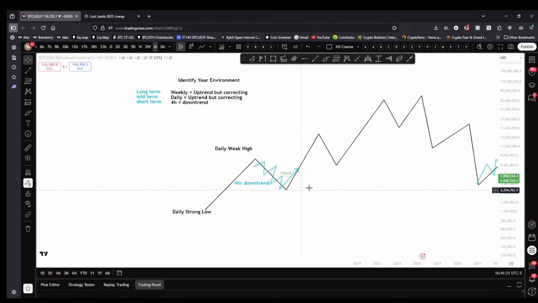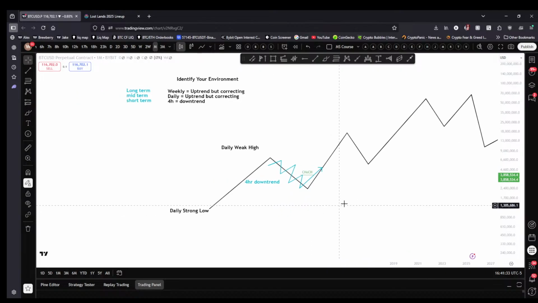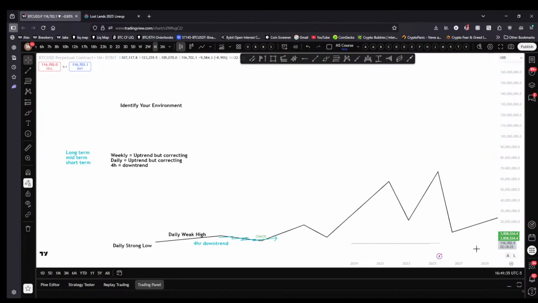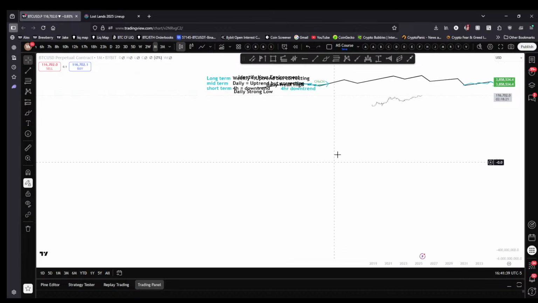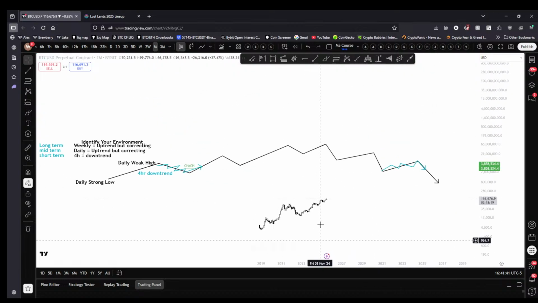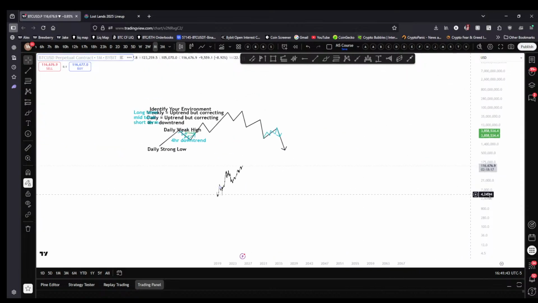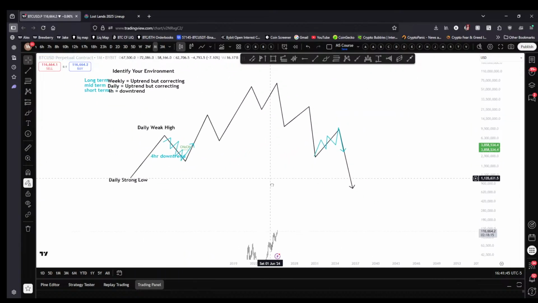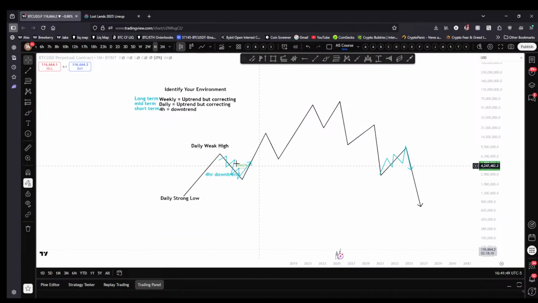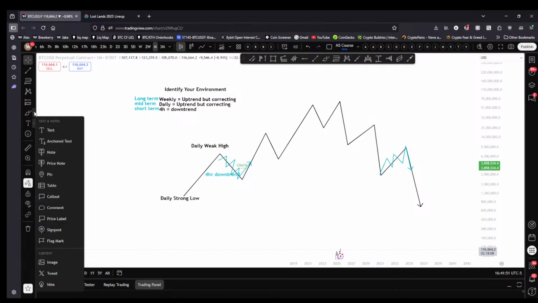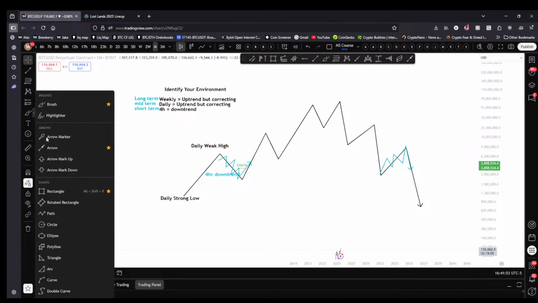But in practice, it's going to be a lot smaller than that. My bad, oh, it's because I'm on log. Oh, wow. Yeah. Okay, but you get the point. It increases your risk to reward, and it reduces your risk. Or it increases your probability of winning, and it reduces your risk.